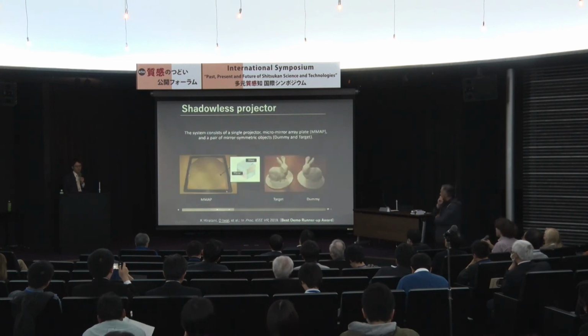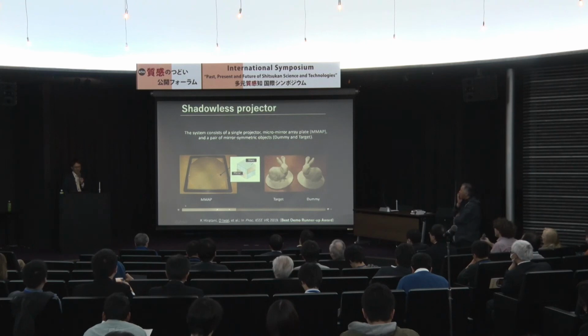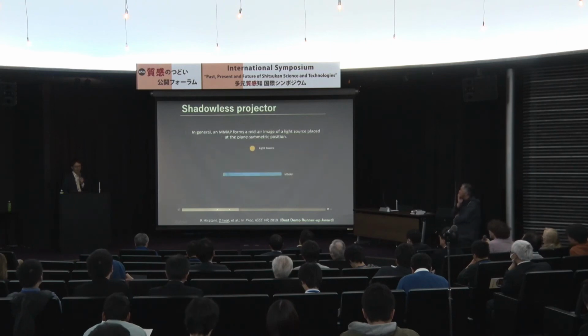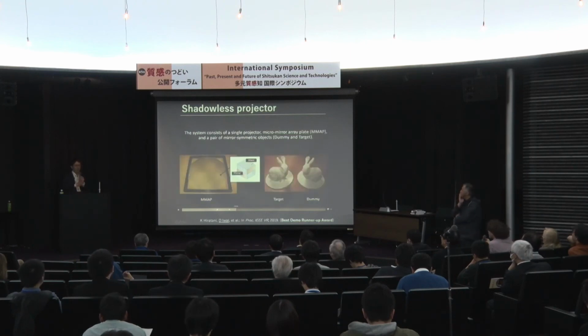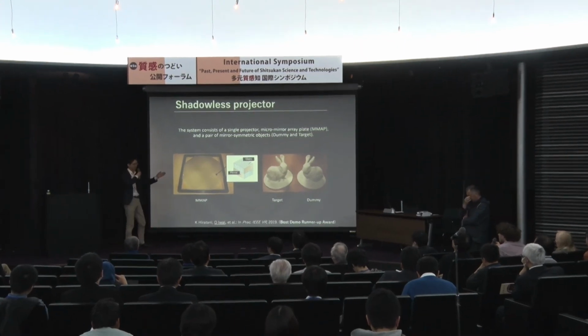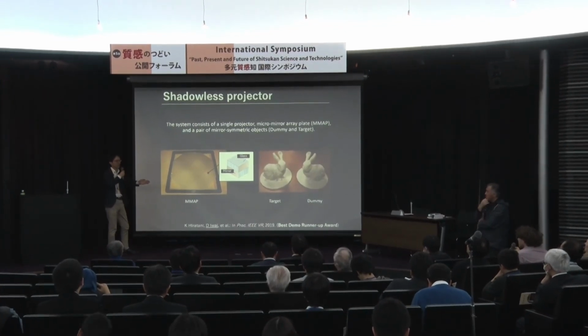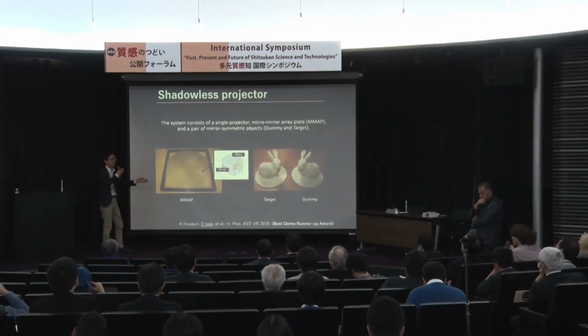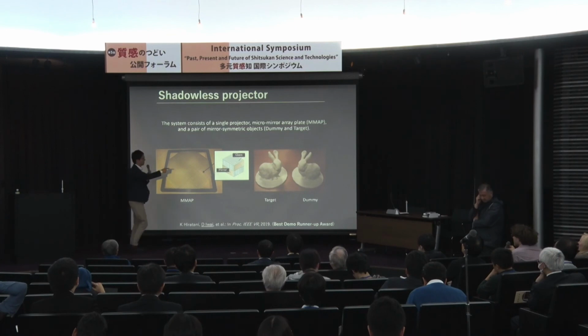Sorry, this is not a mirror, this is a micro mirror array. It is a kind of glass plate, and there are a lot of small, tiny mirrors arrayed like this, and there are 2 layers. One layer is like this, and in the second layer the mirrors are arrayed perpendicularly.